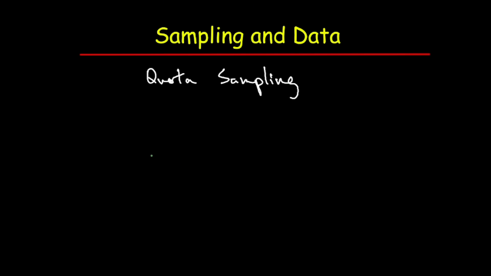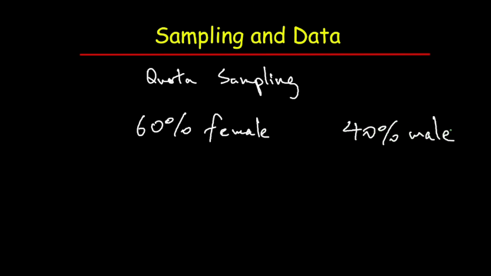So, for example, maybe my school has 60% females and 40% males. Well, in that case, it wouldn't really make sense for me to still choose 50 females and 50 males for my comparison. And instead, maybe I would just choose 60 females and 40 males to sample my data.